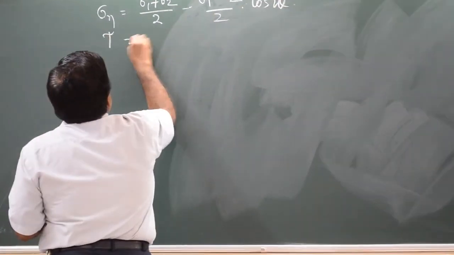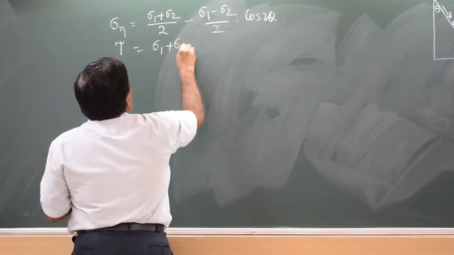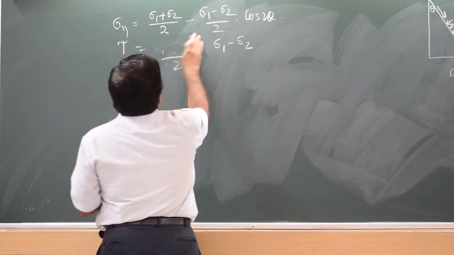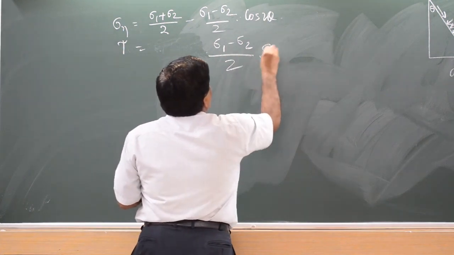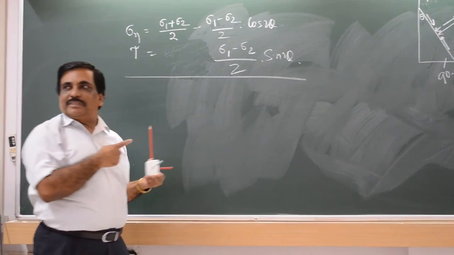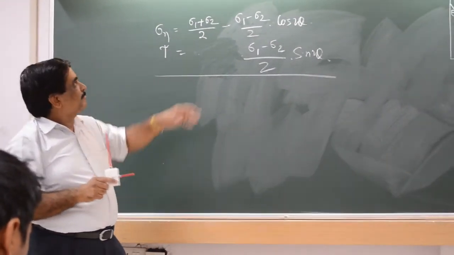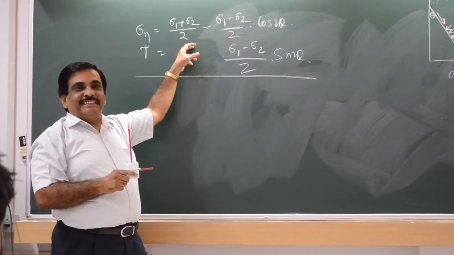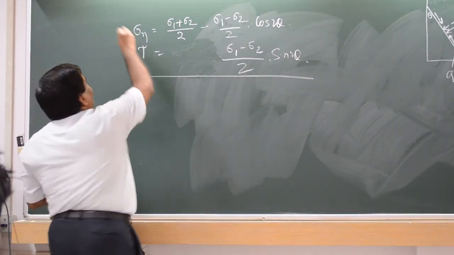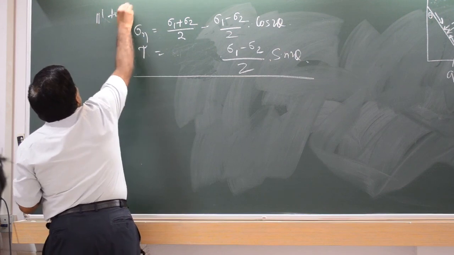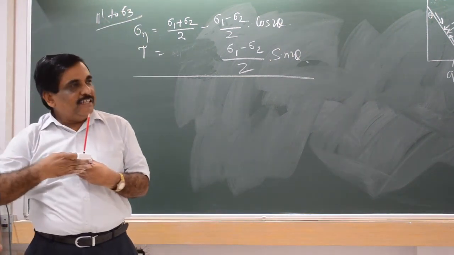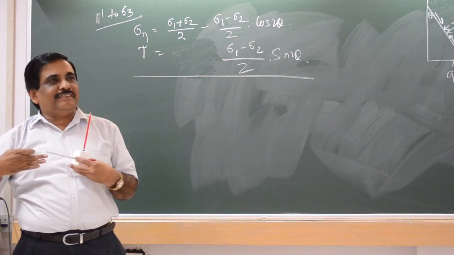And tau you can also write with sin 2 theta. So this is the plane which is parallel to sigma 3. Similarly, you can write an equation for the plane between sigma 2 and sigma 3.